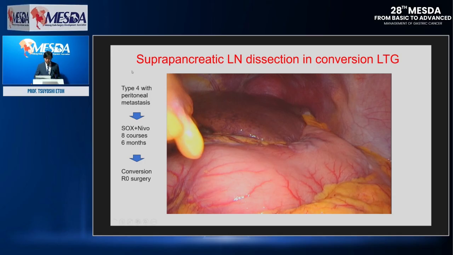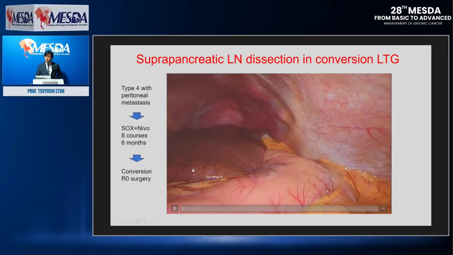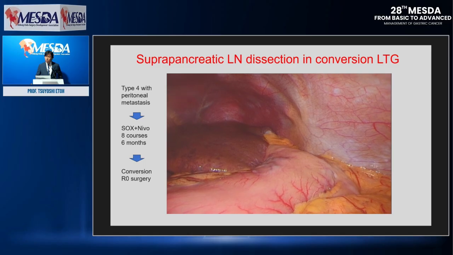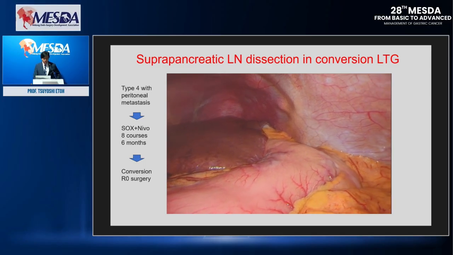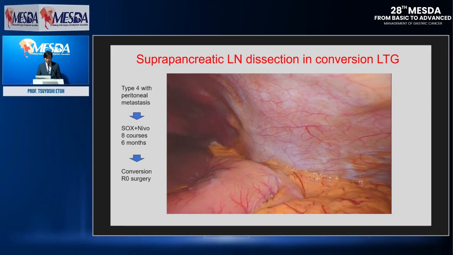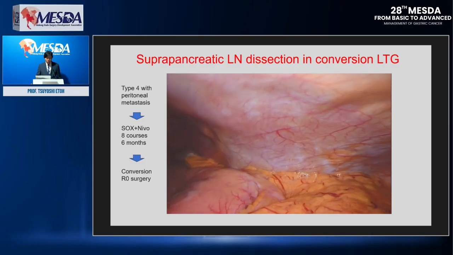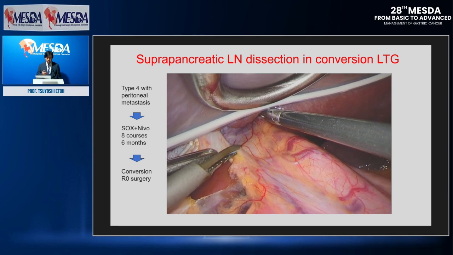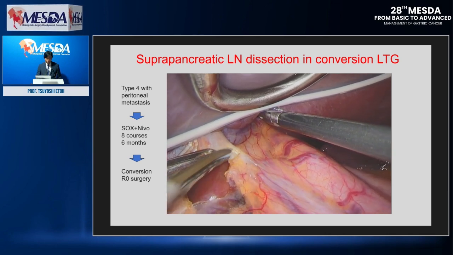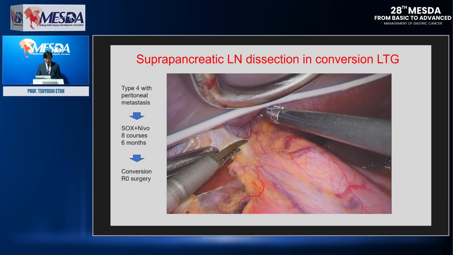The next topic is suprapancreatic lymph node dissection in conversion LTG. This patient is a 26-year-old female with squamous type gastric cancer. She had type 4 disease with peritoneal metastasis, and received the SOX and nivolumab regimen.